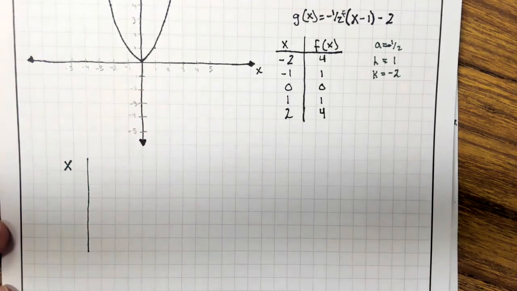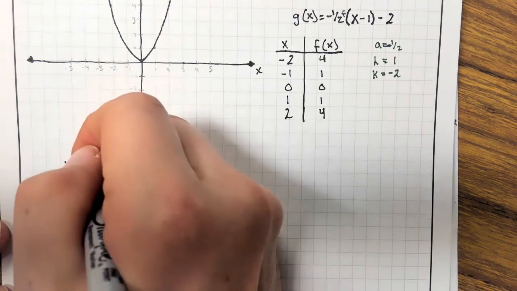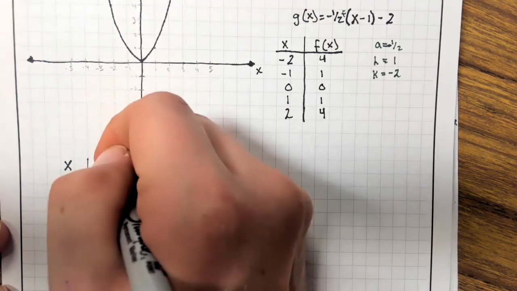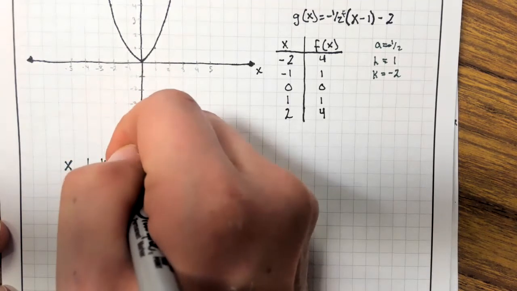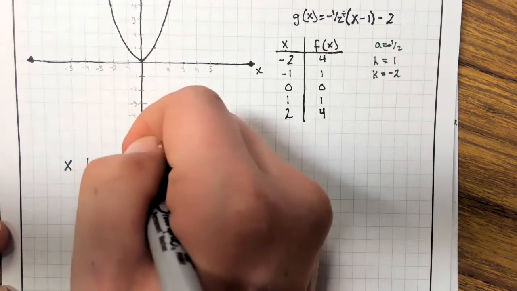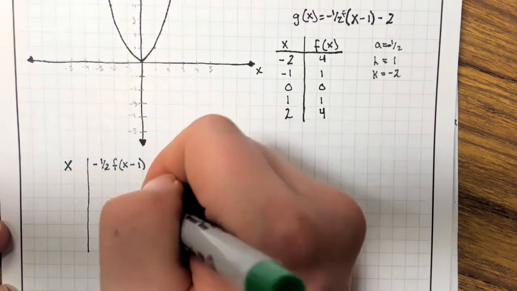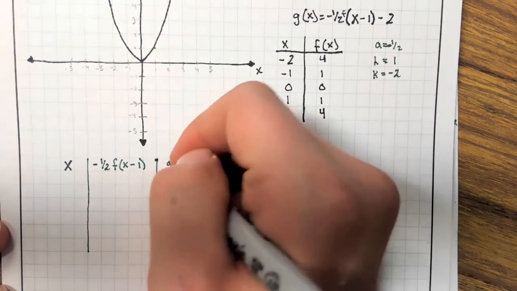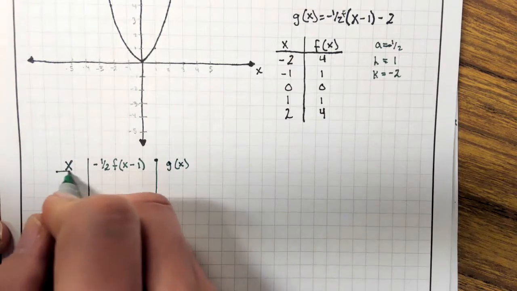So the rule is we're taking -1/2 of f of x minus 1. It's really not that time consuming, I guess. Then we're looking at the value of g of x for our output.